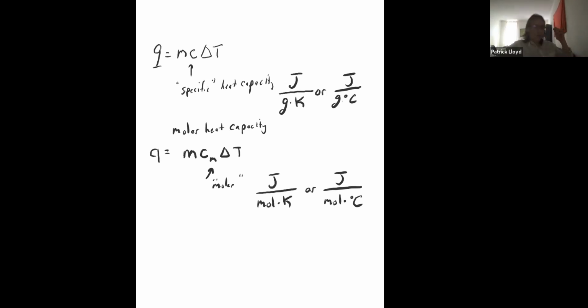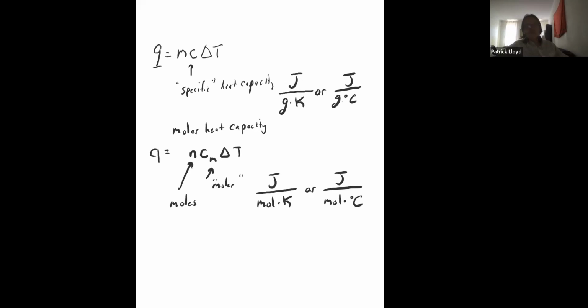So it's per mole instead of per gram. So is that right? No, I'm sorry. I made one mistake here. It's not M, it's N, where N is the number of moles. Yeah, there we go. Now it's right. So this is the number of moles, okay?